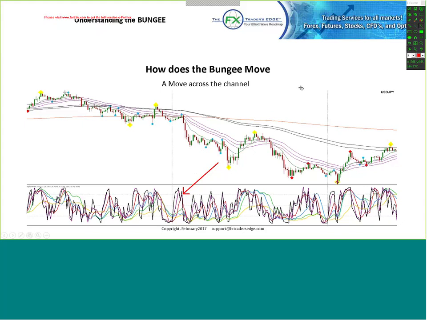And it's the same reason why a wave count might need to be changed, because a wave becomes extended, and you could not necessarily anticipate that when it first started. A correction becomes complex. A harmonic pattern evaporates because the move is too strong and it just goes straight past point D and disappears.